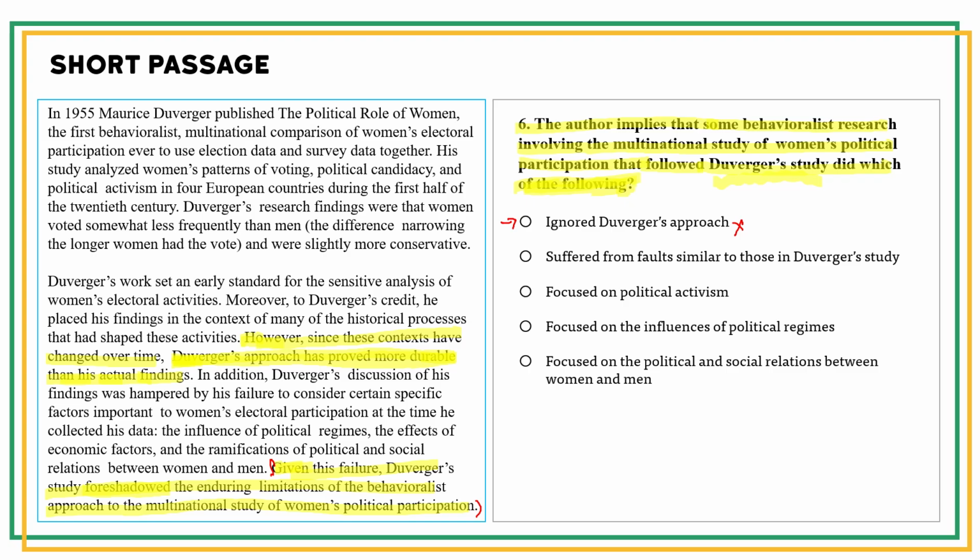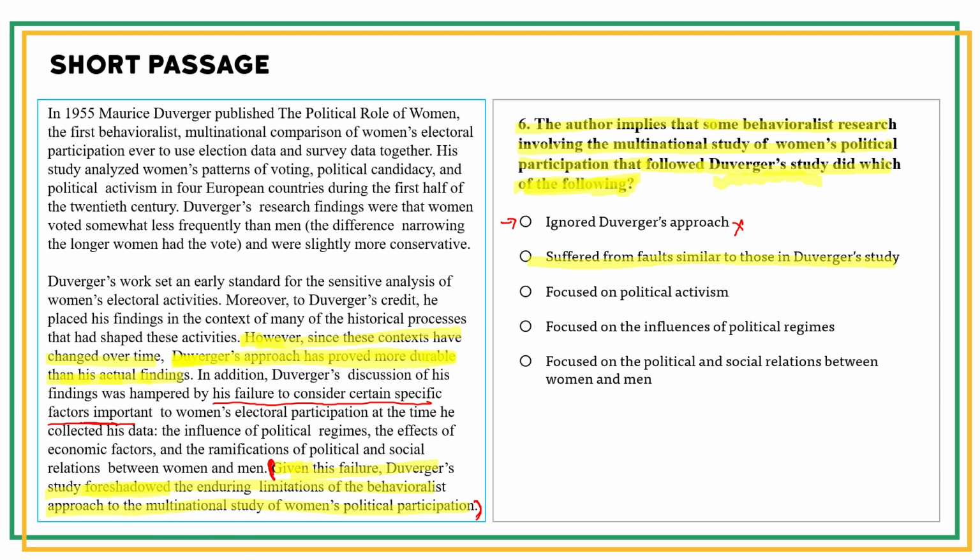Did they suffer from flaws similar to those in Duverger's study? Well, the last line does tell you that, given this failure. And what failure? His failure to consider certain specific factors, right? And given that failure, Duverger's study foreshadowed the enduring limitations of the behavioralist approach.